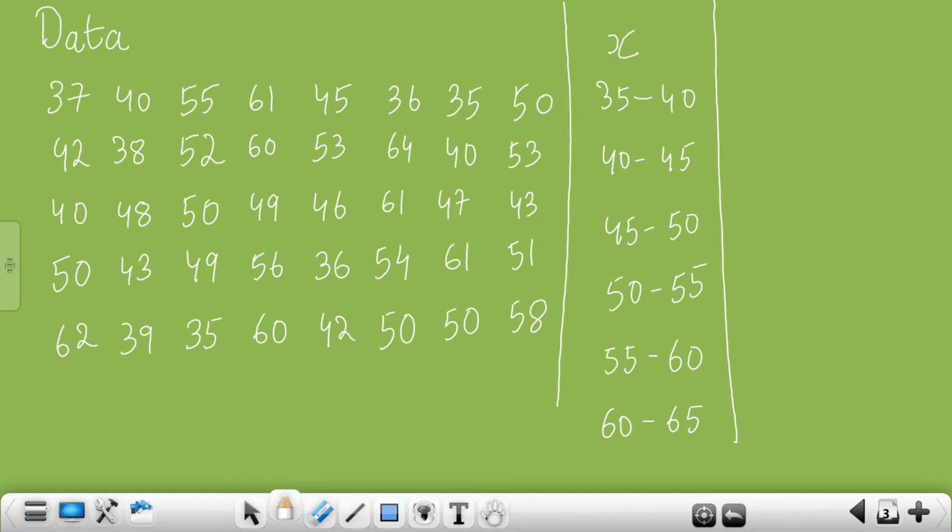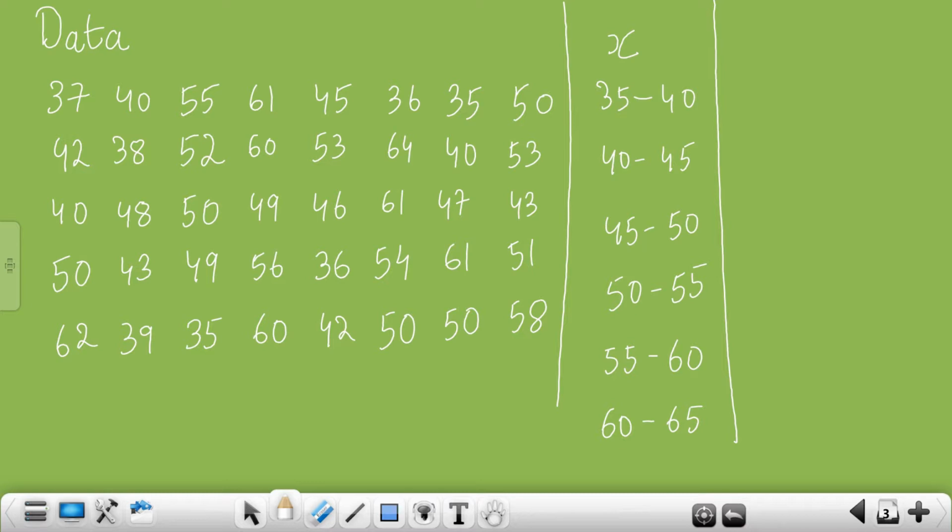When I talk about exclusive, it means the upper limit is not taken into account, whereas in inclusive class intervals the upper limit is taken into account. So in an inclusive class interval you would have both the upper limit and the lower limit, whereas in an exclusive class interval only the lower limit is taken into account and the upper limit is not considered, right?